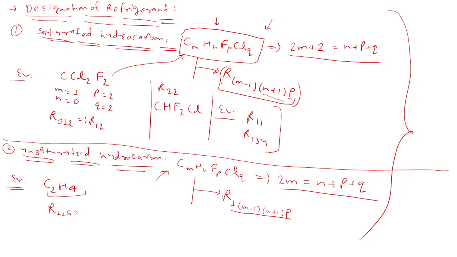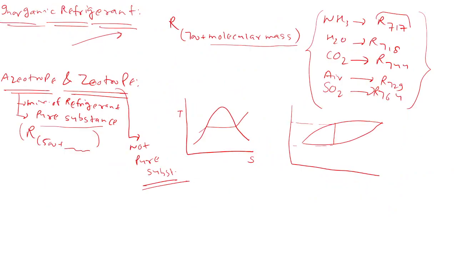Sir, it starts with 500 for both azeotrope and zeotrope? The designation of zeotrope refrigerants starts with 500; anything starting with 500 comes under azeotrope and zeotrope. For zeotrope there is no regular pattern.